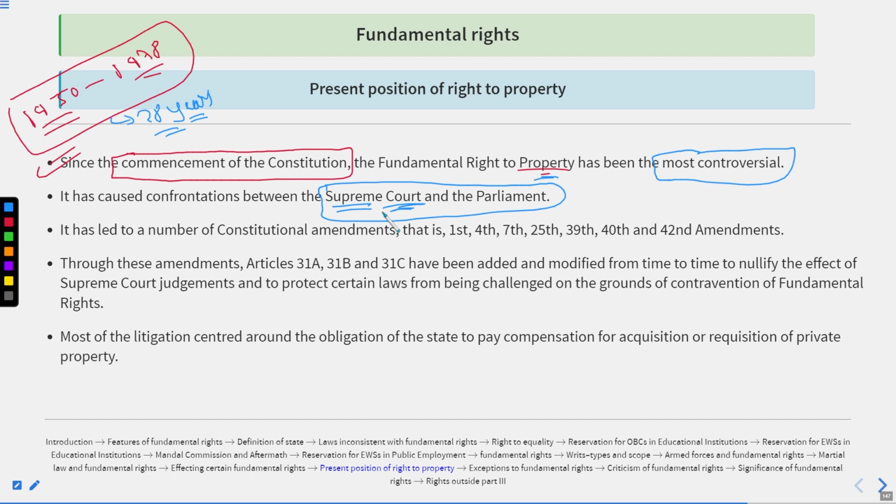It has led to a number of constitutional amendments, like the First Amendment, 4th Amendment, 7th Amendment, 25th Amendment, 39th Amendment, 40th Amendment, and even the 46th Amendment. Now you can see: 1, 2, 3, 4, 5, 6, and 7. Total 7 amendments were there.